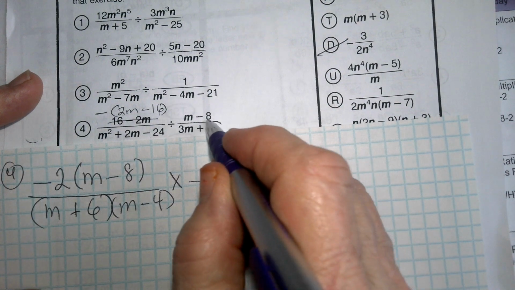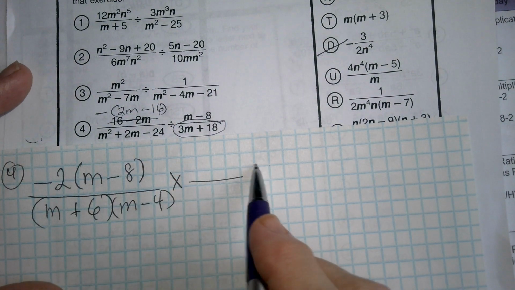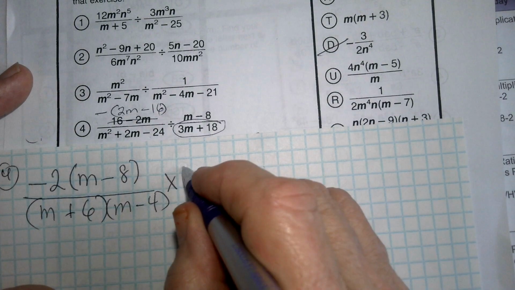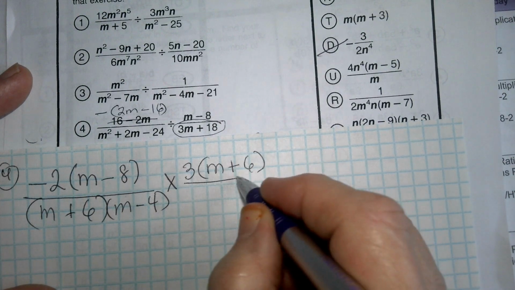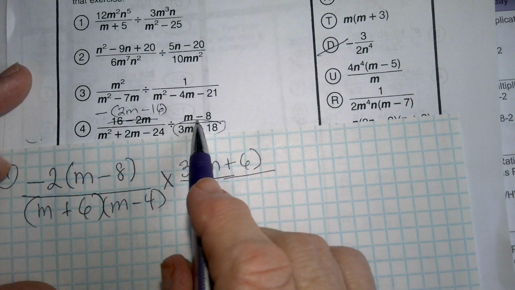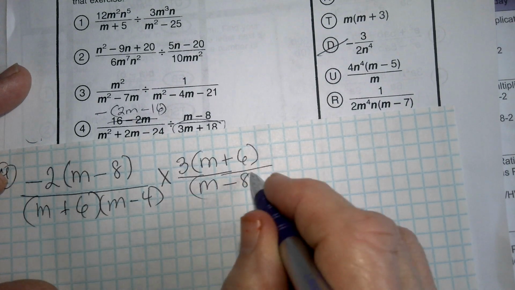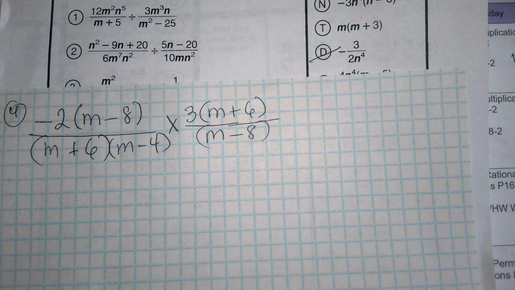So this bottom one now is going to be on top. So what can we factor out of that? We can factor out a 3, and we get m plus 6. And then on the bottom goes the m minus 8. Then, we have all that?